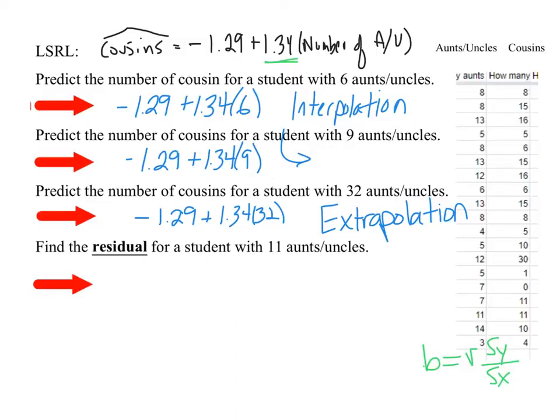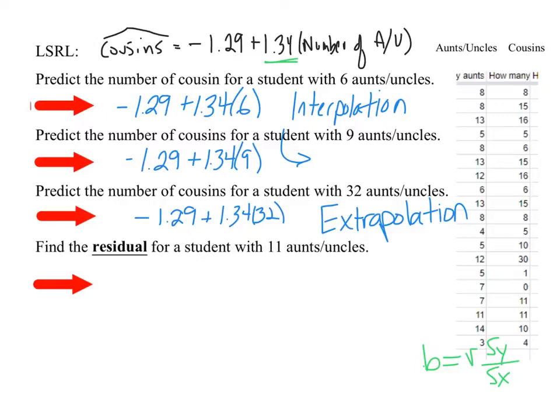Then you would need to recalculate the line using cousins as your explanatory and aunts and uncles as your response. And the simple reason I give you really comes back to this formula. If you just suddenly flip these two, that's not going to be the same as putting in 10 for cousins and solving backwards. So just be aware, that doesn't come up often, but you shouldn't be working backwards with a regression equation. You would actually need a new equation.